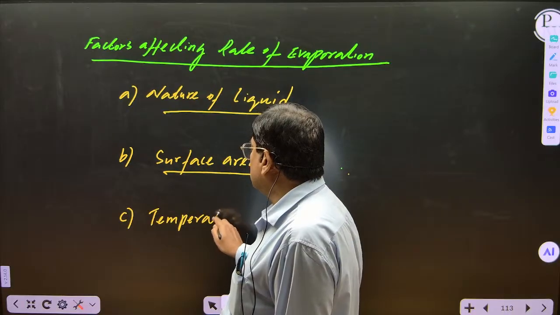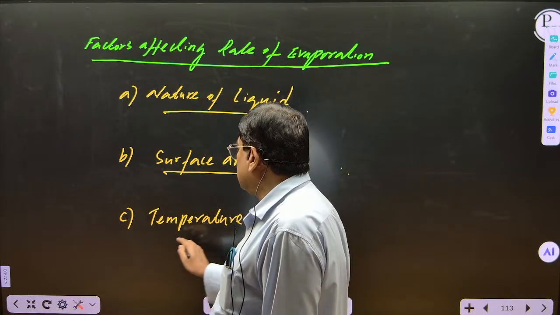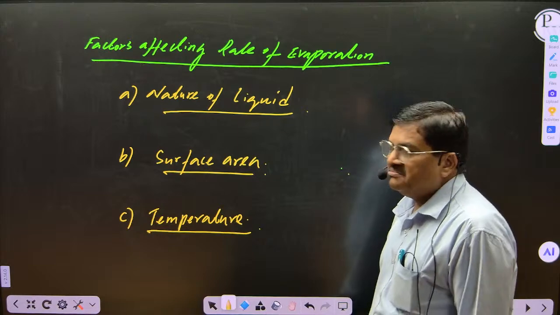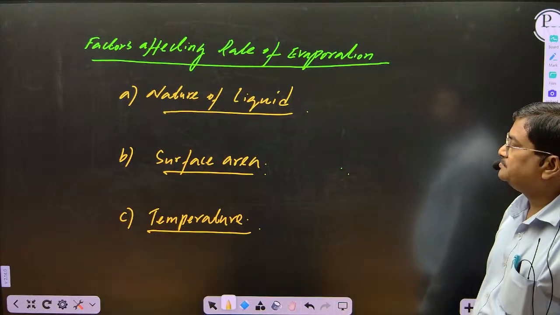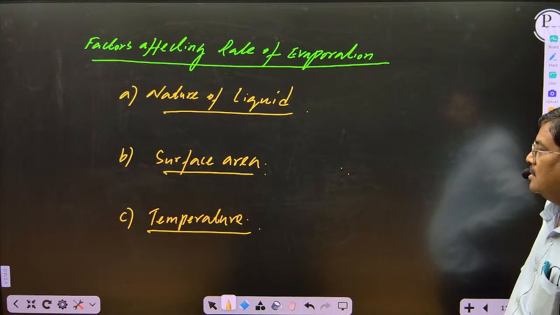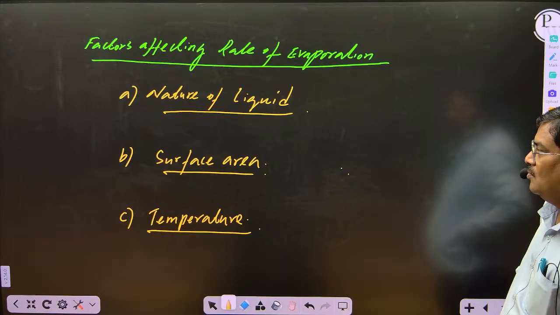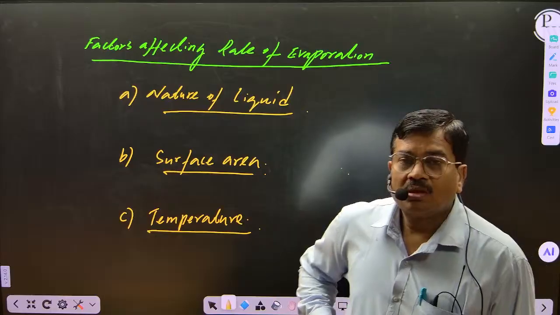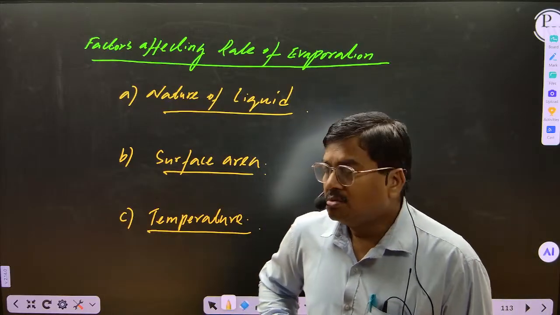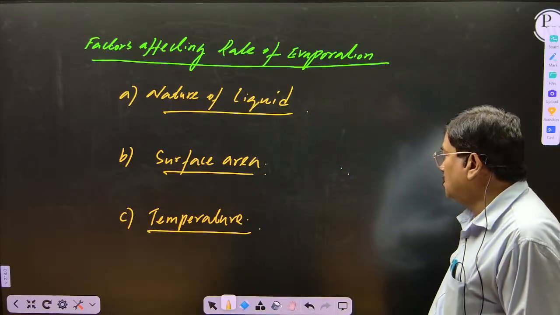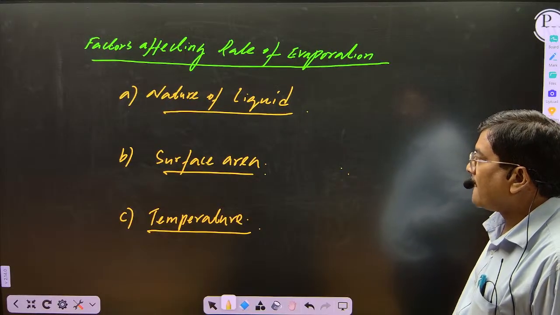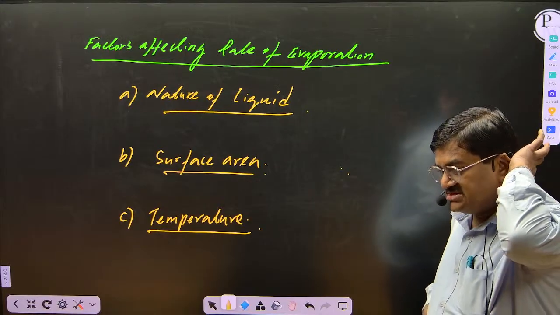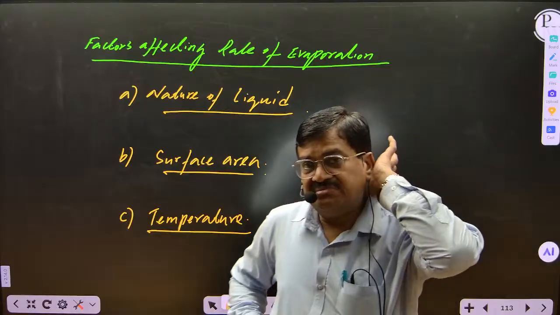Copy this: nature of liquid, surface area, and temperature. These three factors will influence the rate of evaporation. Now let us discuss one by one.